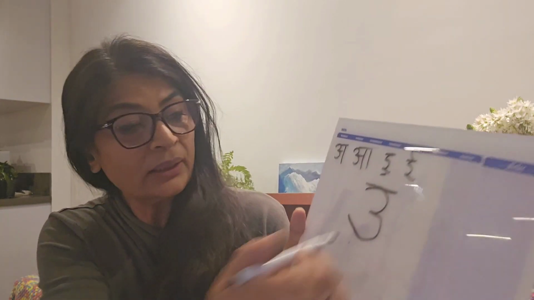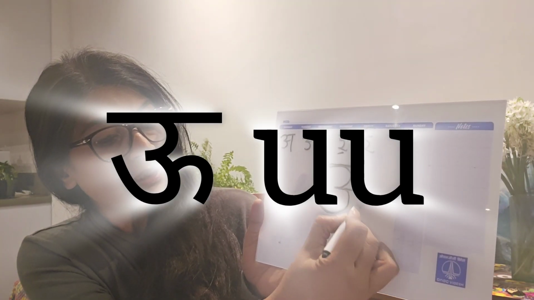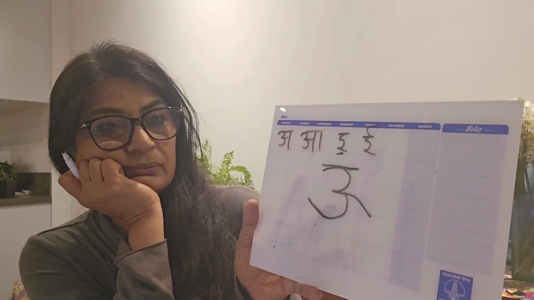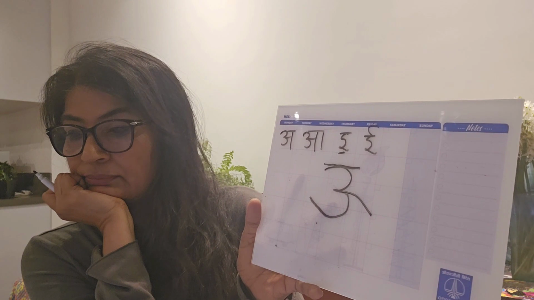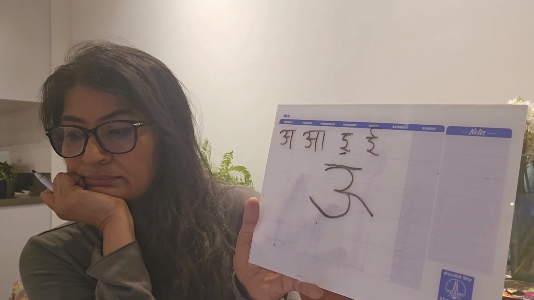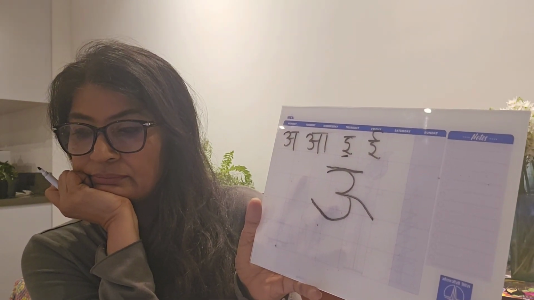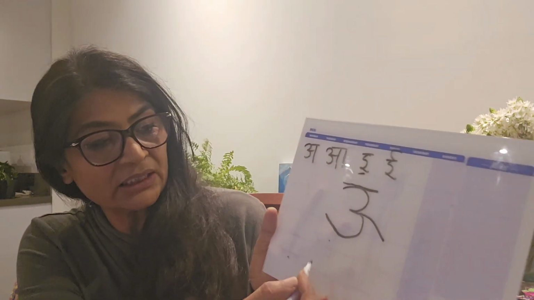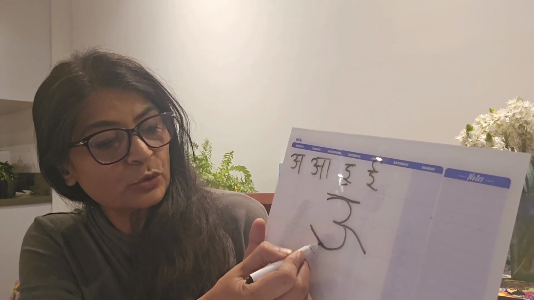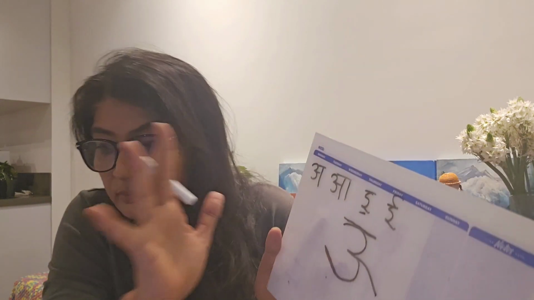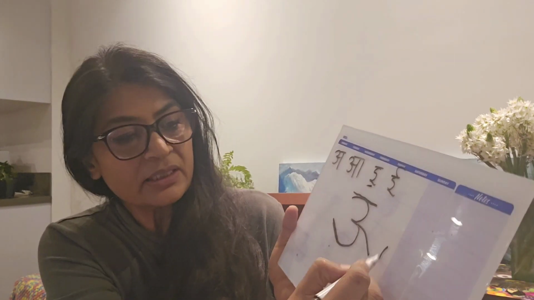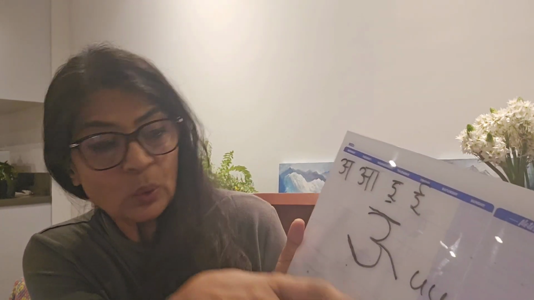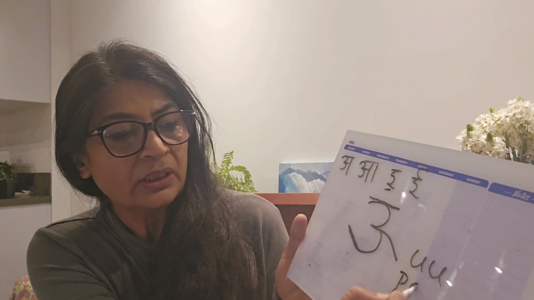U, the longer one, is like this. Okay. So basically a 3, and to make it perfect, you extend. Perfect. And this is the longer U, which is U like pool, right?